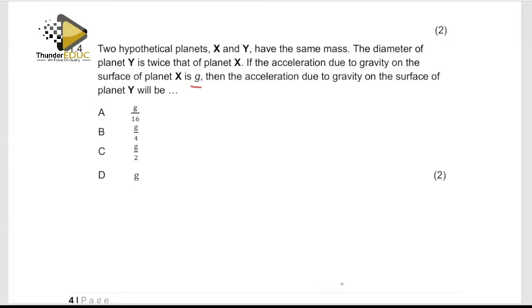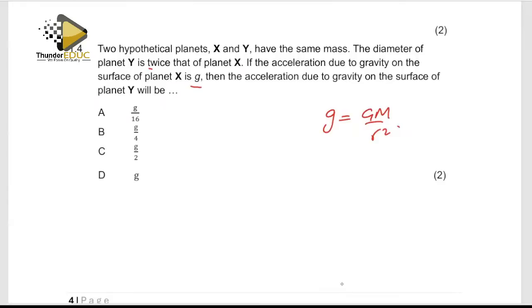In this case, what matters is the diameters. If one is twice the other, it means the other is half. We know that g is the same as GM over R squared.